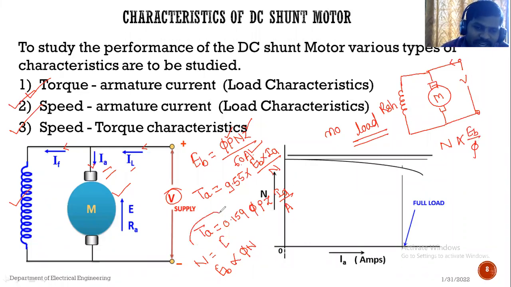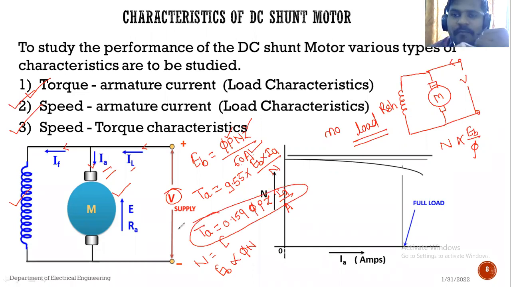Similarly, in the second equation, the manufacturing parameters like poles of the machine, number of conductors of the motor, and number of parallel paths of the motor will be constant. So the equation becomes 0.159 constant, the number of poles constant, the number of parallel paths constant, and Z constant.